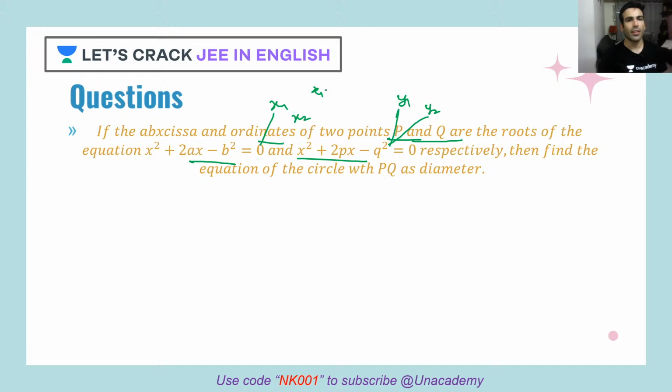So x1, y1 is basically point P, and let's say point Q is x2, y2. Then find the equation of the circle with PQ as diameter.